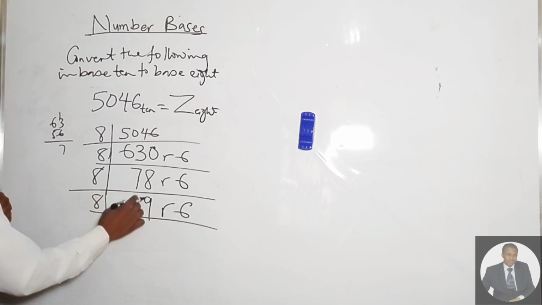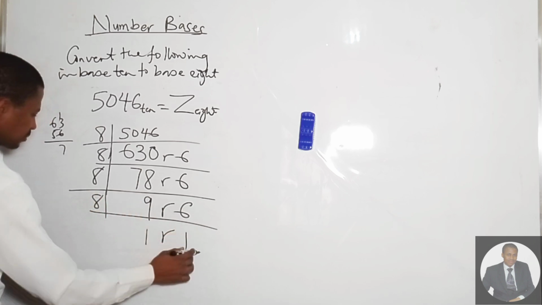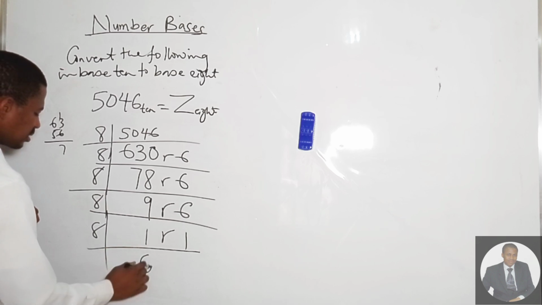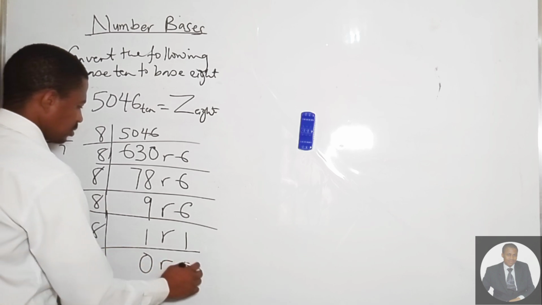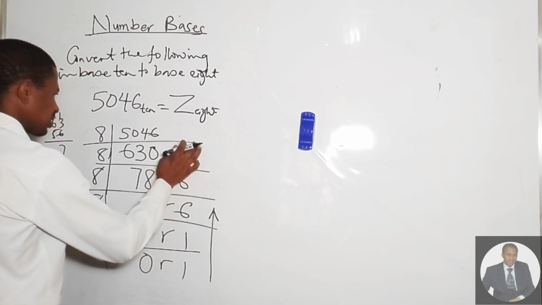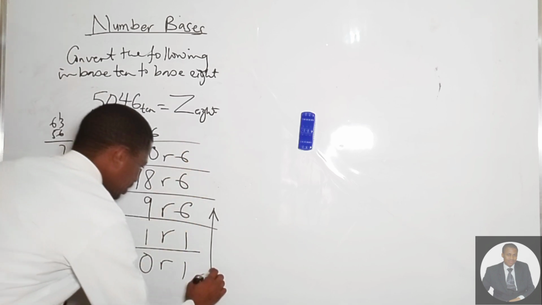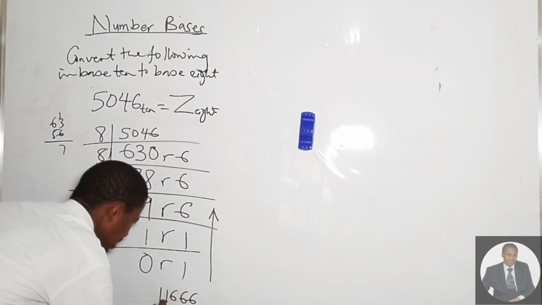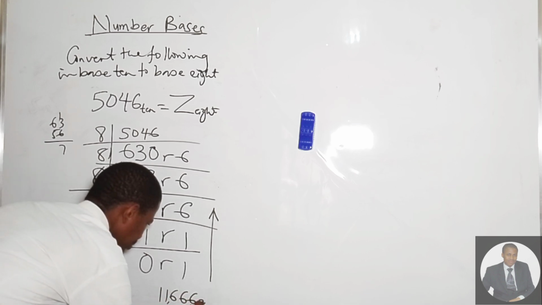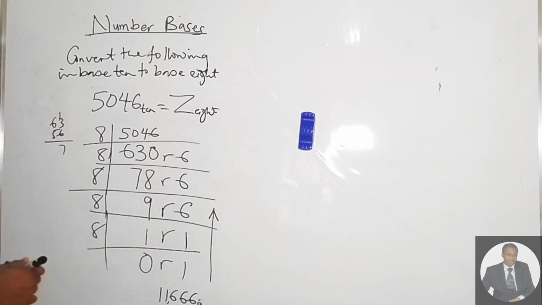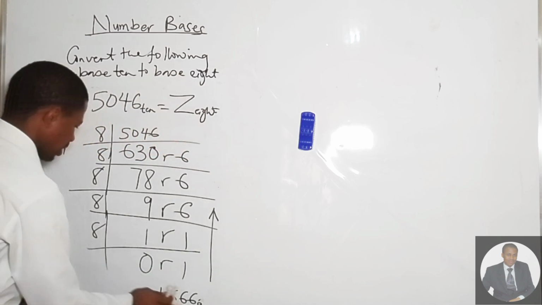How many 8s are in 9? 1, remainder 1. How many 8s are in 1? 0, remainder 1. So our answer going upward will be 11666. So 11666 base 8 is our answer here.